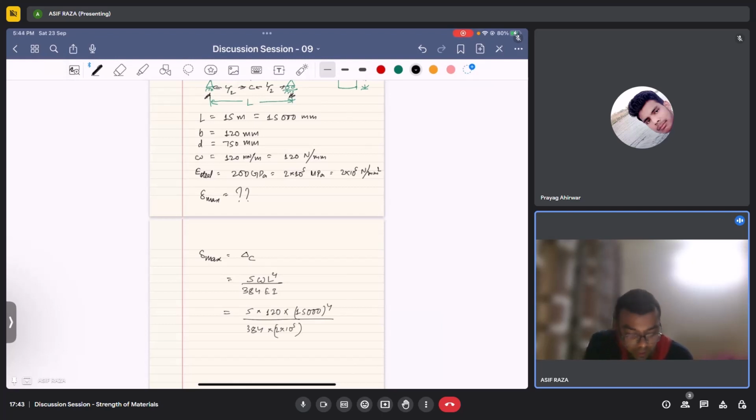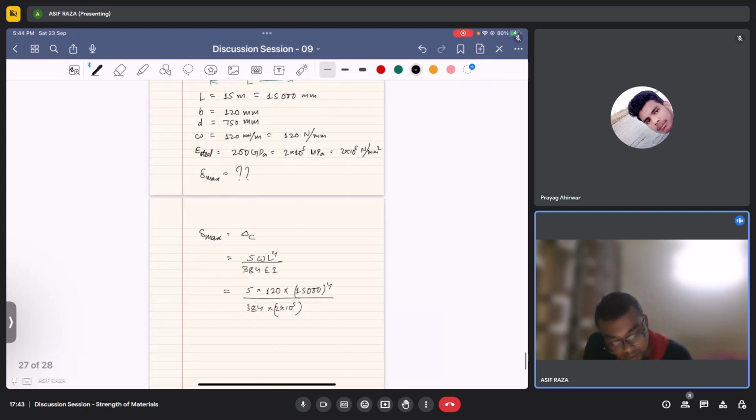I is bd cube by 12, so substitute it here: 120, d is 750 cube upon 12.